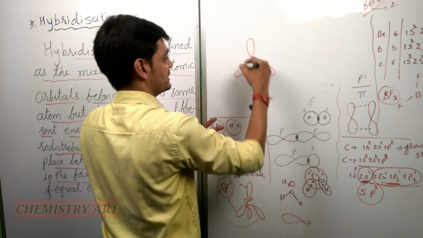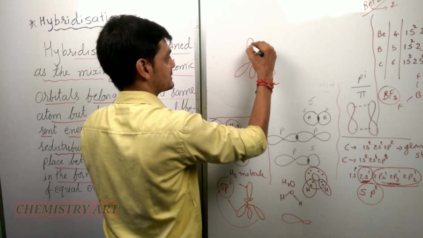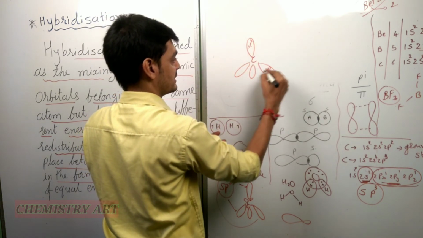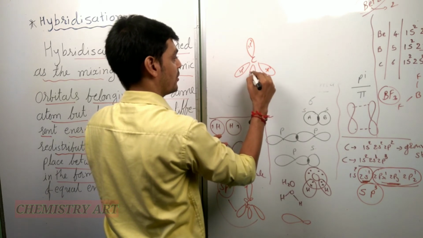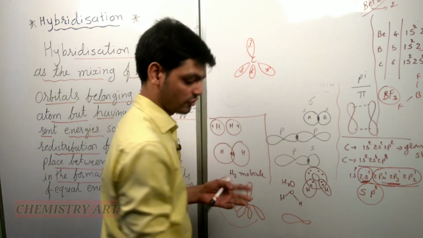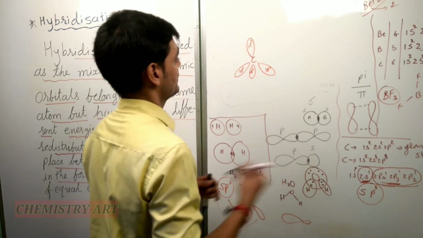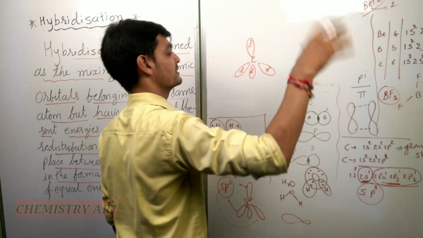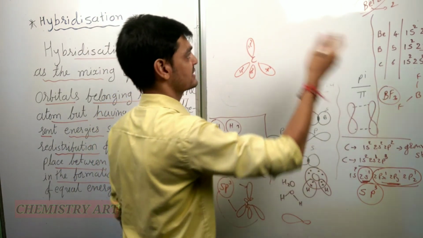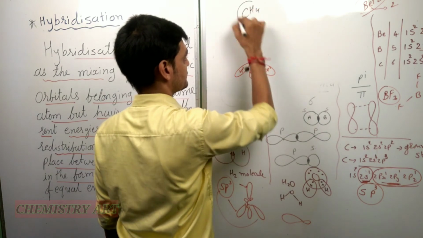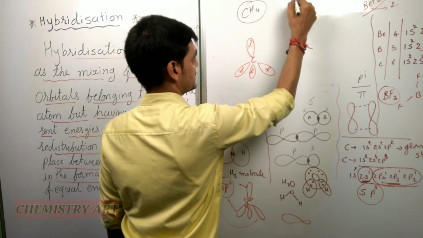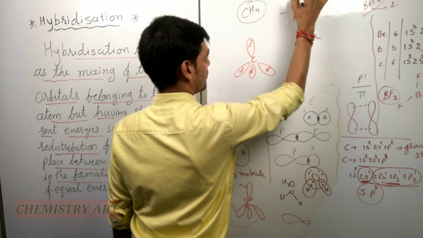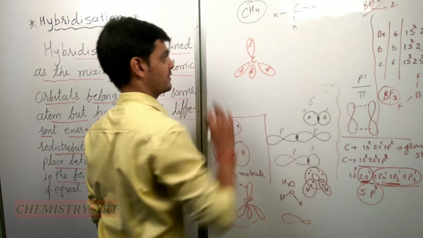So all these orbitals are sp3 hybridized orbitals. These sp3 orbitals will form a bond with another element. For example, if CH4 is forming, one carbon is forming 4 bonds with 4 different atoms of hydrogen.